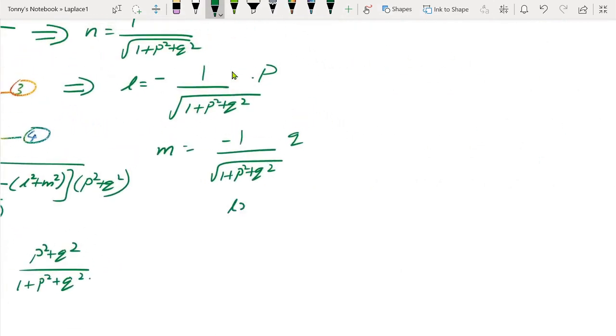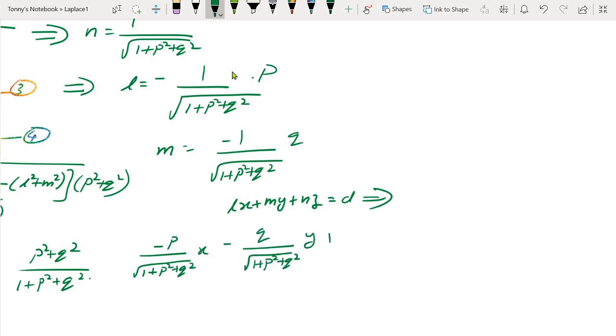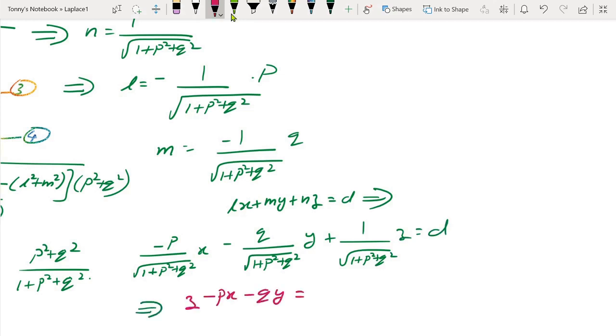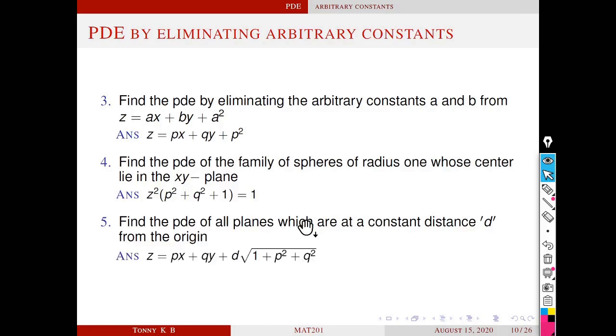So our family Lx plus My plus Nz equal to D becomes, this implies, so this is the required PDE. So the answer is z is equal to Px plus Qy plus D times square root of 1 plus p square plus q square. Okay.